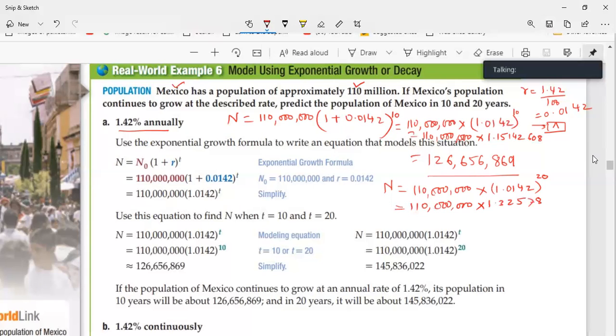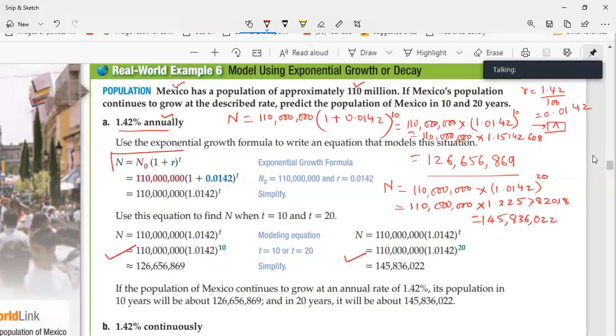You can check it in your calculator; that's why I'm writing it. Multiplying by 110,000,000, the same answer I'm getting is 145,83602. Okay, so this is after 20 years, compounded annually.